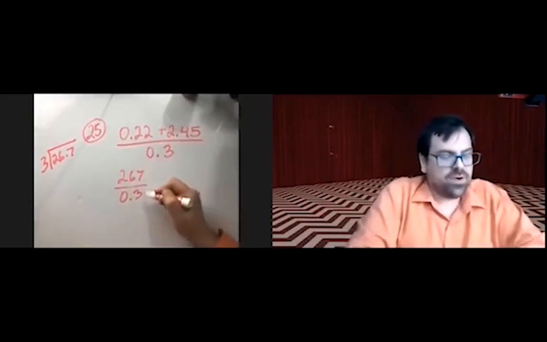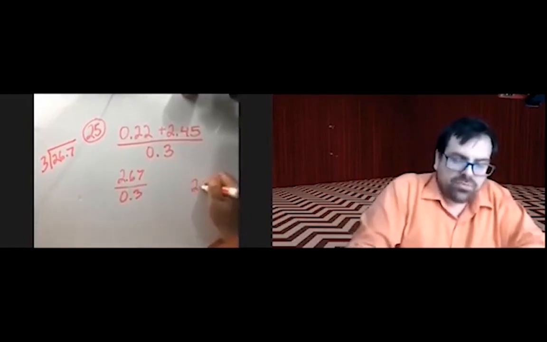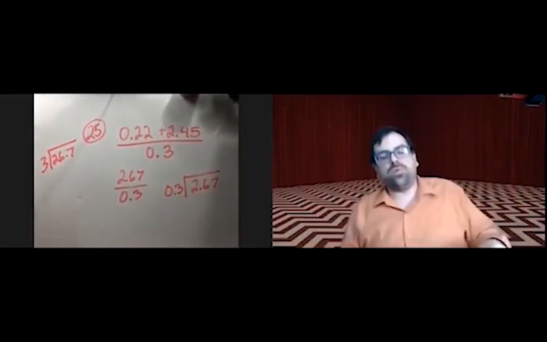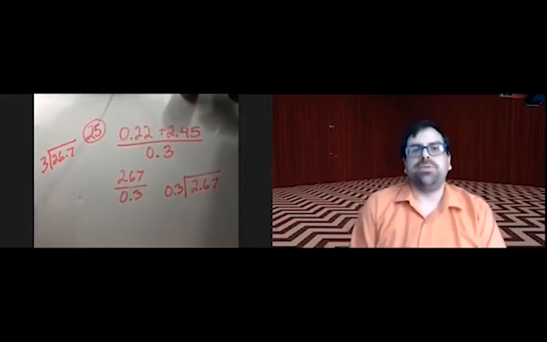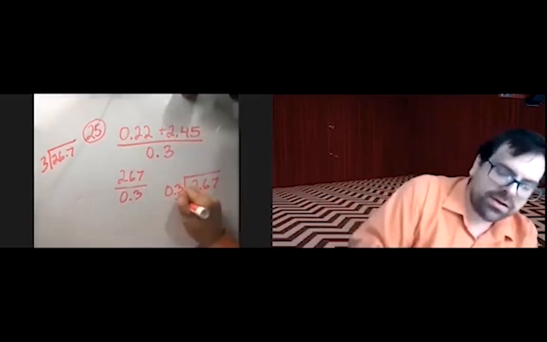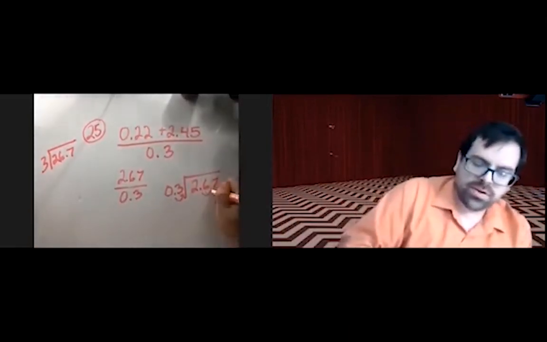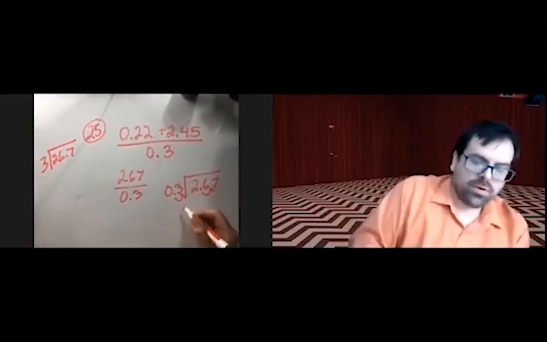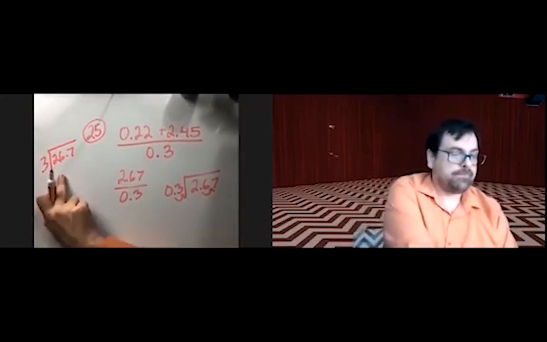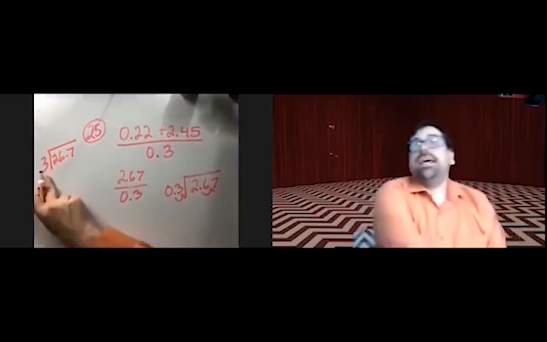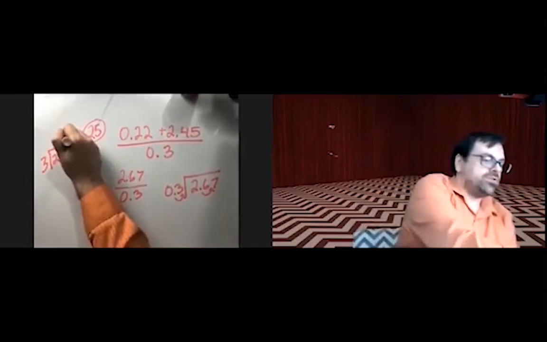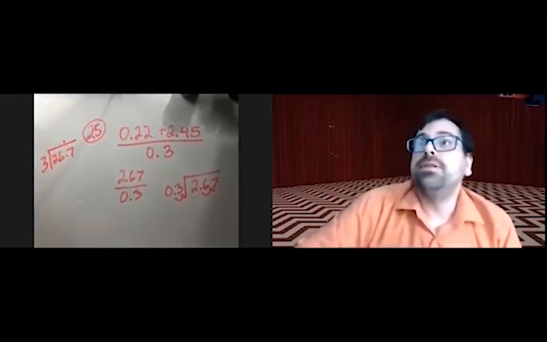When we see top over bottom, we know that's 2.67 divided by 0.3. Ask ourselves the question on the outside, do we have a decimal? Yes. Well, fix it. How many spaces do we need to do it? 1. So we only move 1 on the inside, which gives us 26.7 divided by 3. Is there a decimal on the outside now? Nope. So wherever the decimal landed on the inside, it goes straight up into the answer in the same spot.